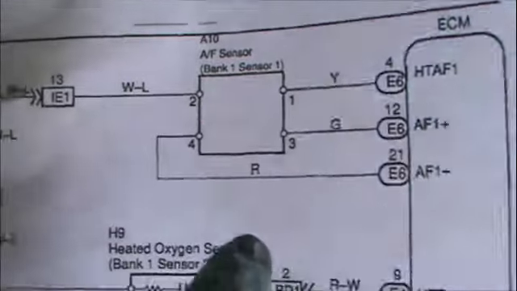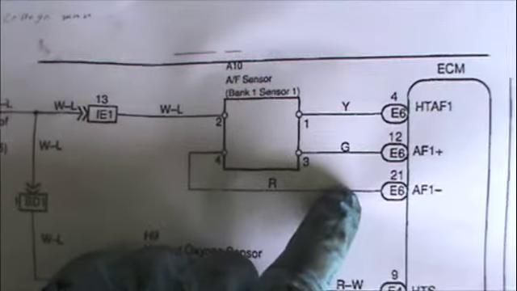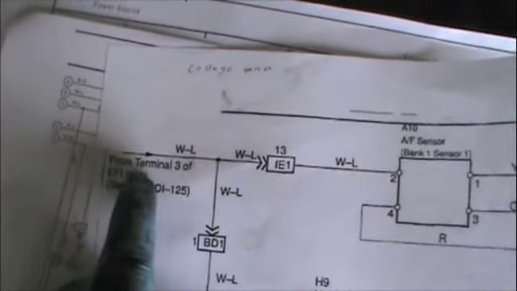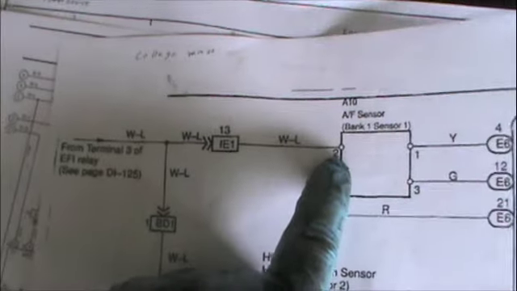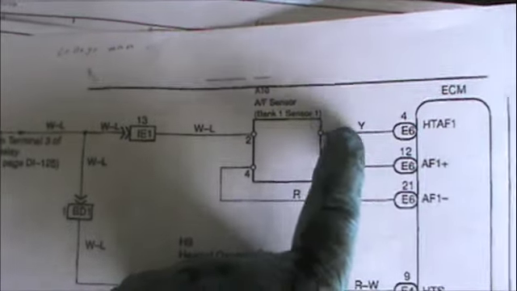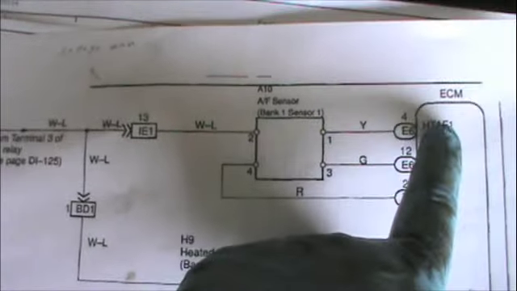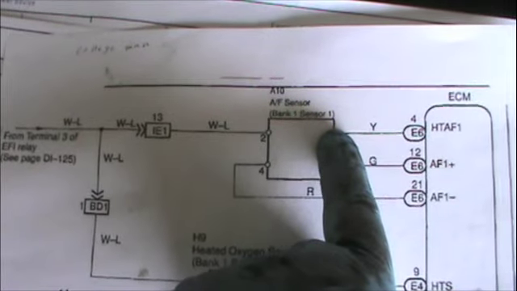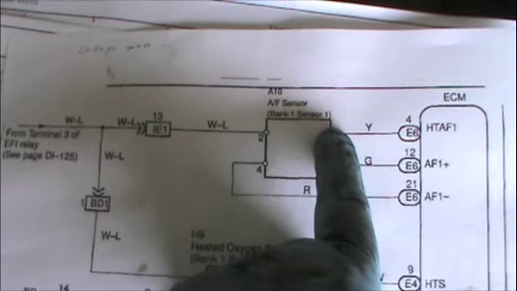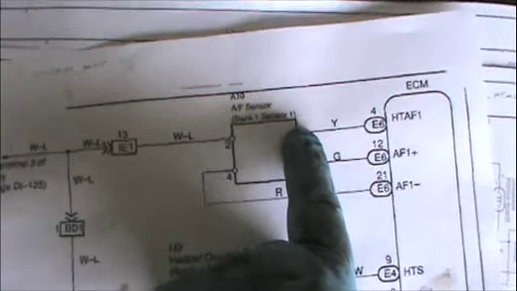This is a regular O2 sensor where you have the heater that has a relay with power. I already checked that. It has 12 volts, and it has a ground wire that goes to the computer, and the computer grounds it to heat it. So that is working right up to the sensor.